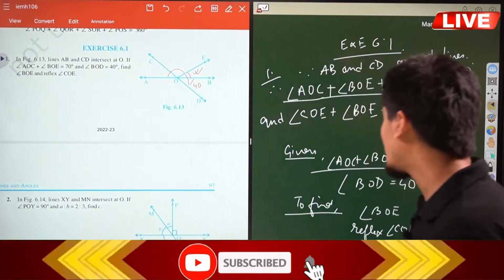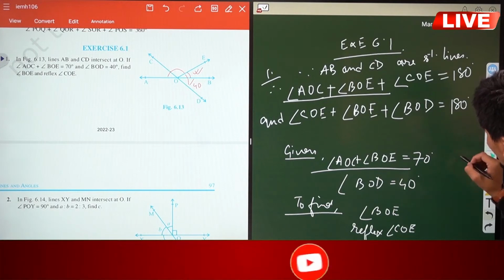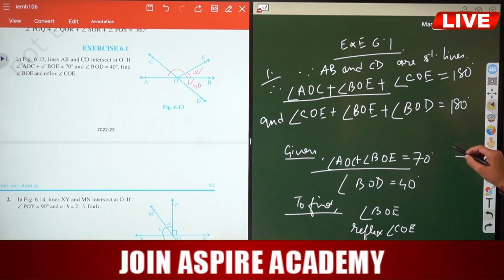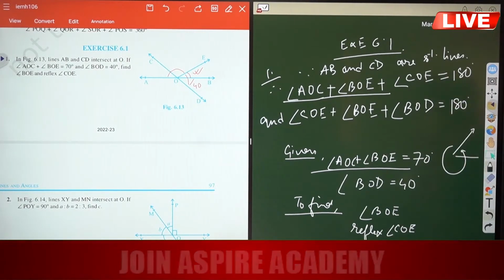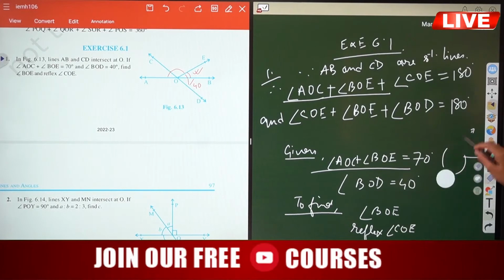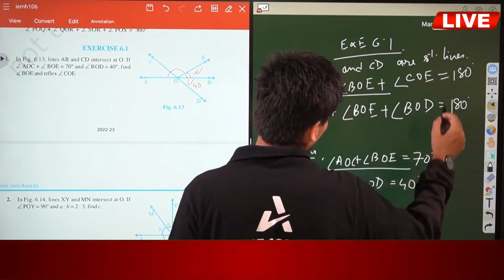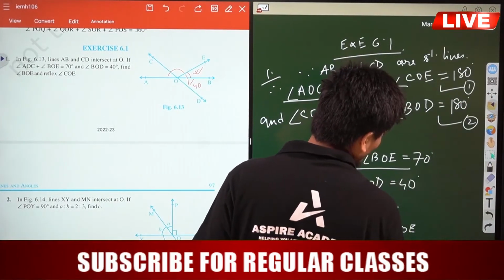And reflex means what? If this is a line and I have to draw a reflex, then the reflex makes an angle of 360 degrees in total. So from equation 1, let this be equation 1 and this be equation 2.